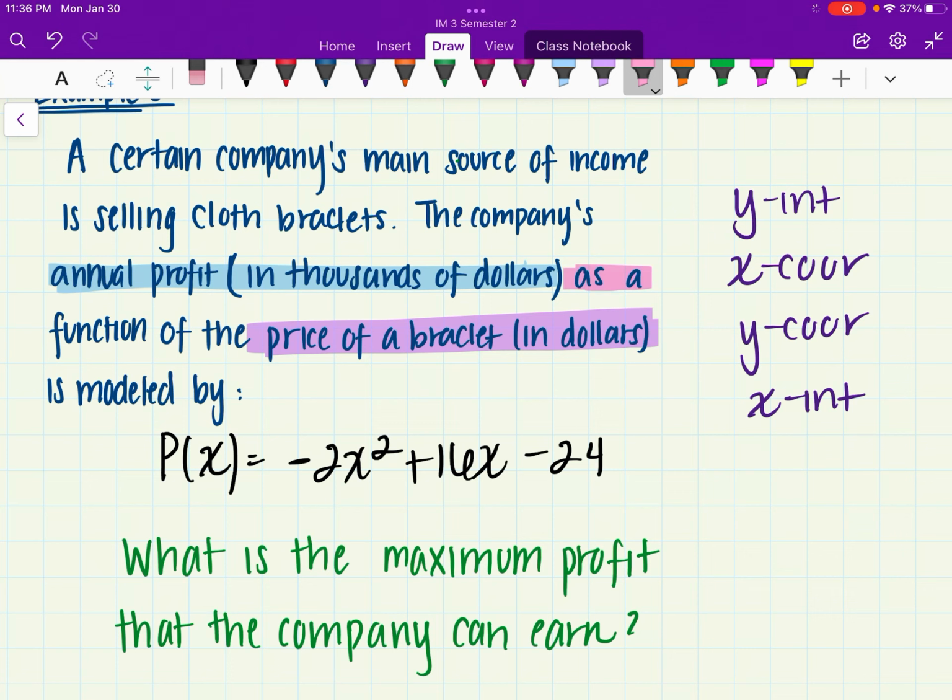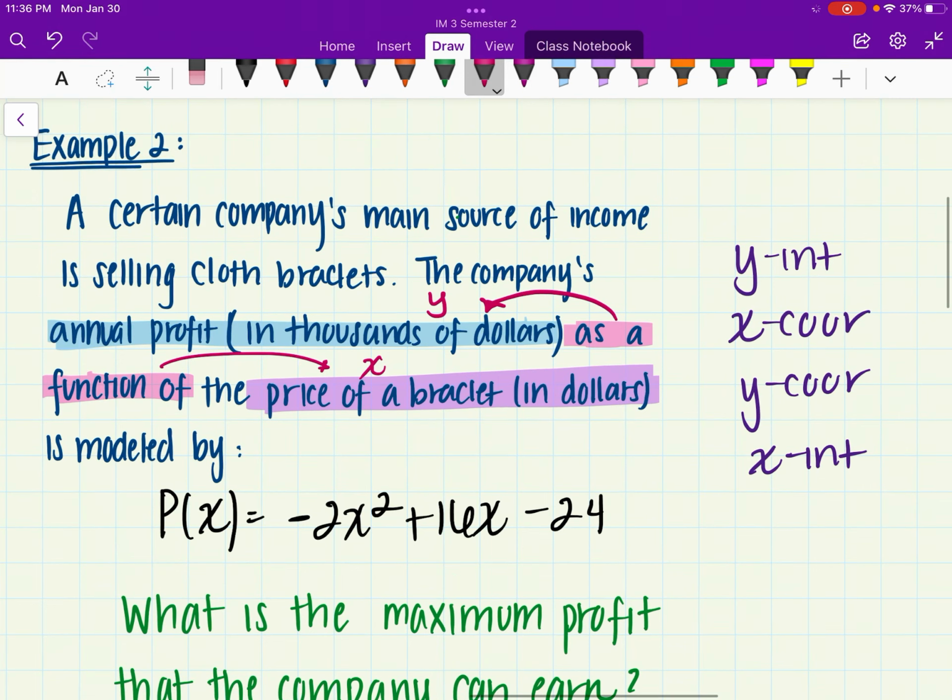Another thing, guys, if you see the phrase as a function of, this actually gives it away. Anything that comes before is going to be Y, and anything that comes after is X. So once again, Y is going to be the annual profit in thousands of dollars, and X is going to be the bracelet price.